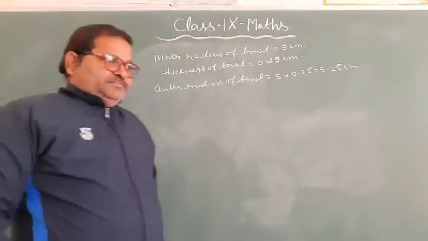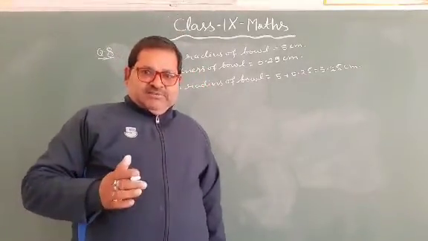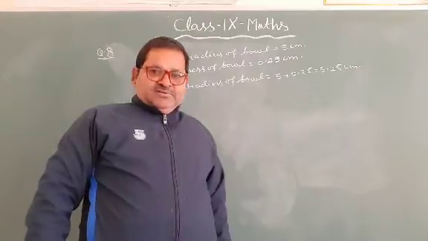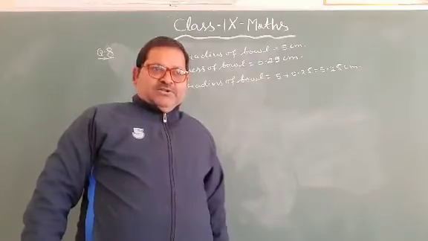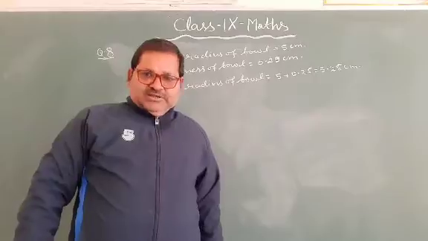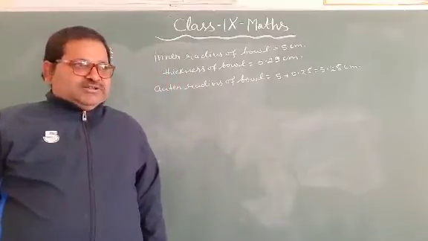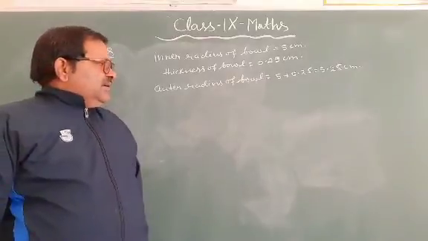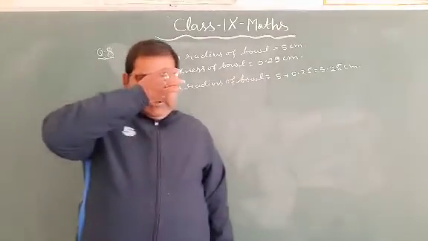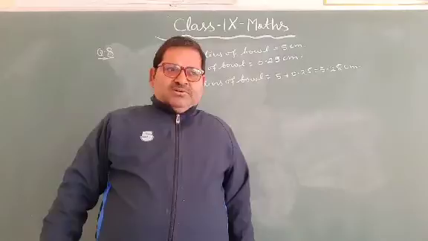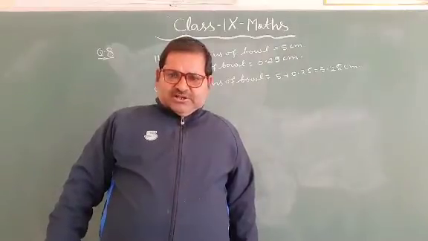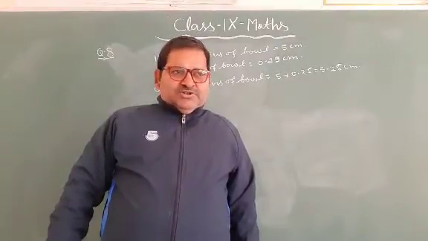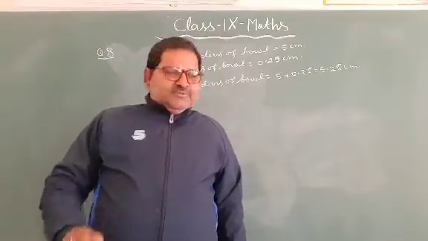Now here the hemispherical bowl is given, the inner radius of the bowl is 5 centimeter and the thickness of bowl is 0.25 centimeter.